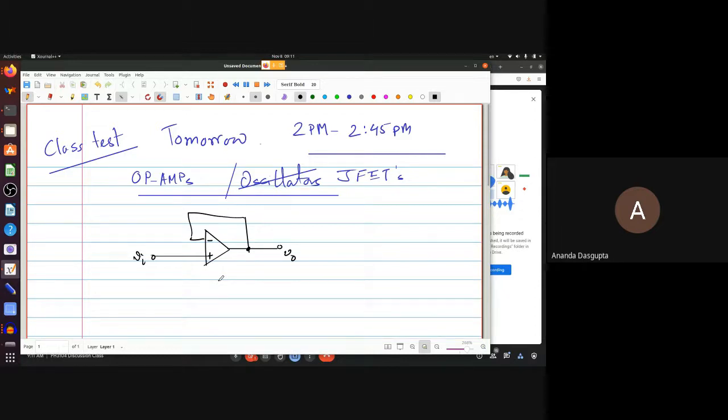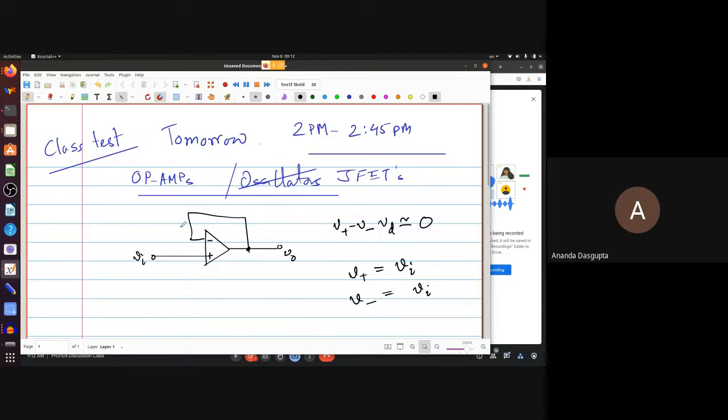And the way this works is, as long as the op-amp is in the linear region, VD has to be approximately 0. VD, remember, is V plus minus V minus. Here, V plus for our circuit is VI. So V minus is also VI, or almost exactly equal to VI.